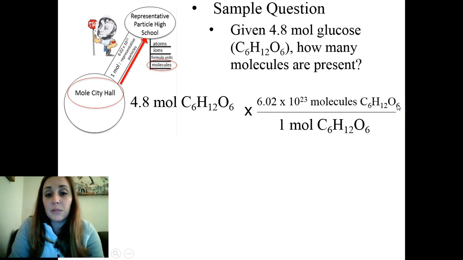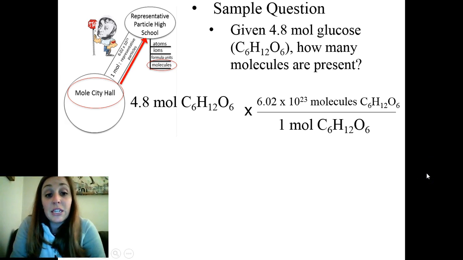Next thing you have is 6.02 times 10 to the 23rd molecules of glucose. So remember, you divided by what you hit first and you multiply by what you hit second. Make sure you add your formula for what you're measuring and it's the same for both sides. See how this has C6H12O6 and the bottom has C6H12O6? You can't change the substance if you're comparing molecules to moles. So this road here has to keep the same stuff.